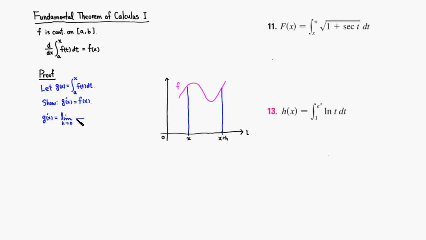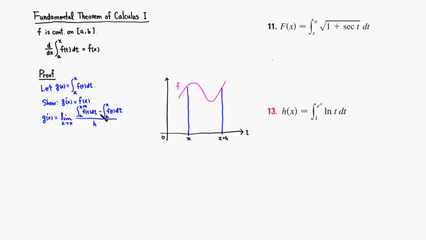Then you would have g of x plus h, which is the integral from a to x plus h of f of t dt, minus g of x, which is the integral from a to x of f of t dt, all over h. This is just the definition of the derivative.